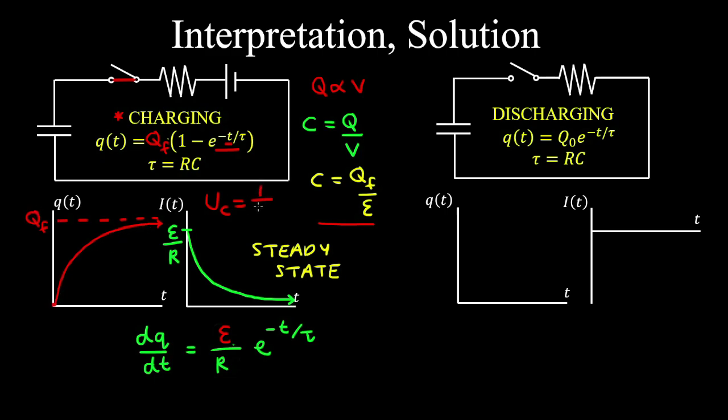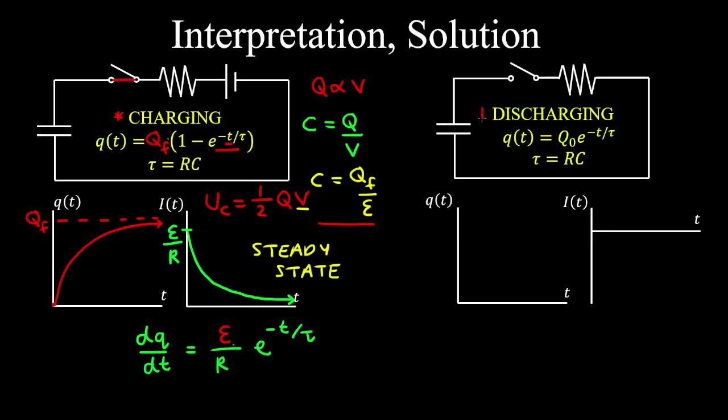So recall that was equal to 1/2 by the charge by the voltage across the plates. So we can see that after a long time, a charging capacitor approaches the state of being fully charged, reaching a maximum potential difference where there's 0 current in the circuit.